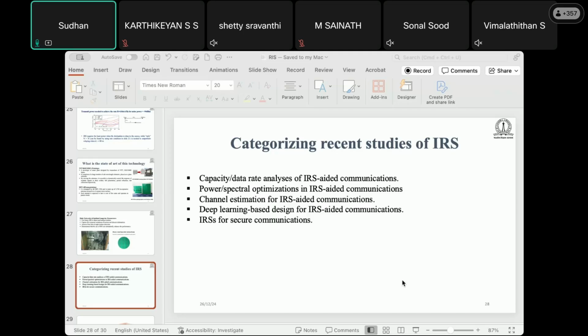Also, the space between two elements comes from the design point of view. It will not be unique if you're talking about below sub-6 gigahertz or FR2; those values will change. But usually it's lambda by 2, as per my knowledge.